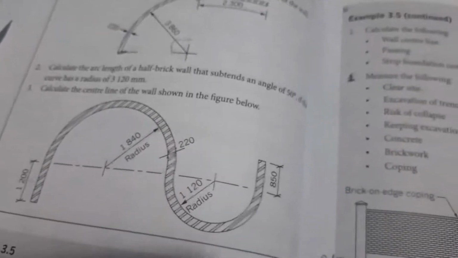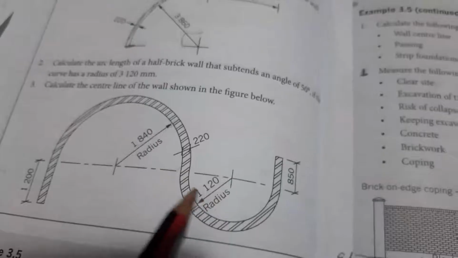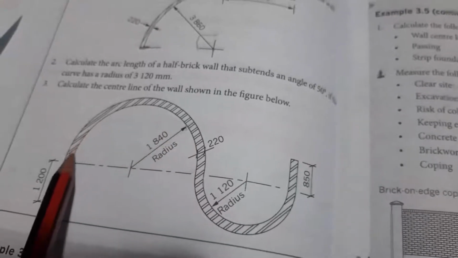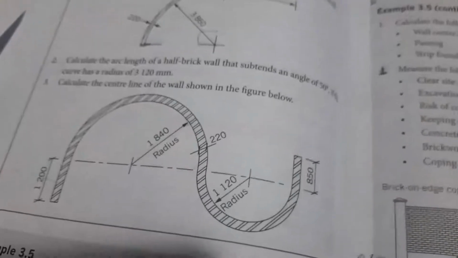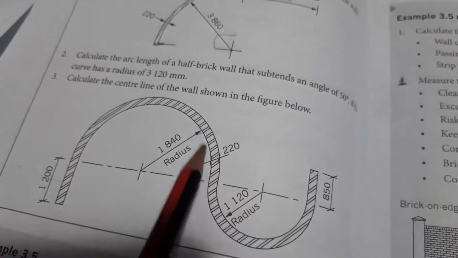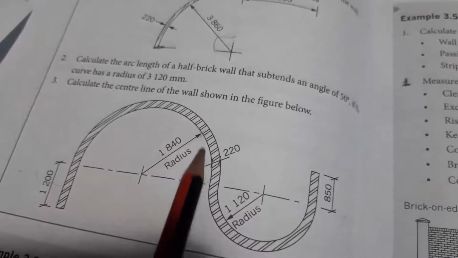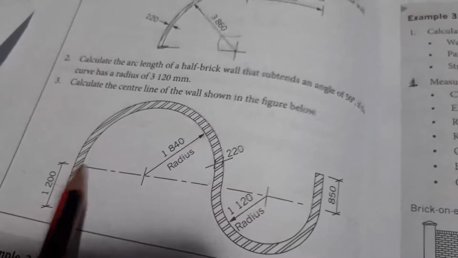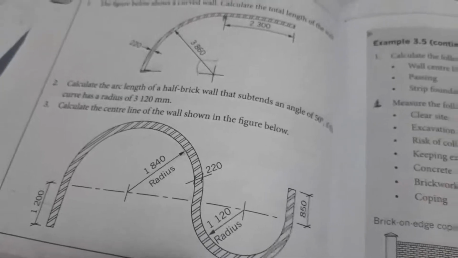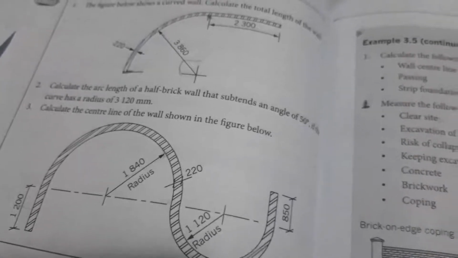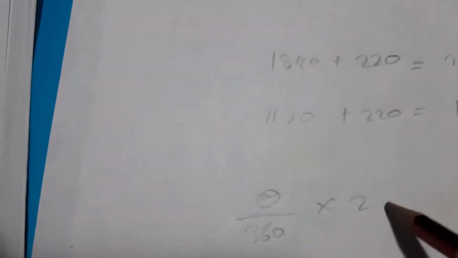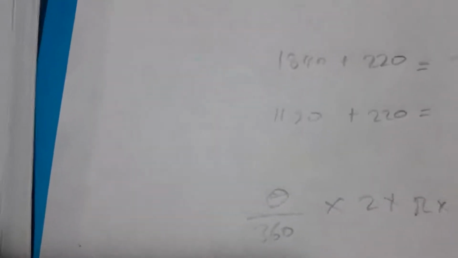So to calculate first the length of the curve, or I can say the semicircular curve, you can apply the same formula, which is theta over 360 times 2 times pi times your radius.